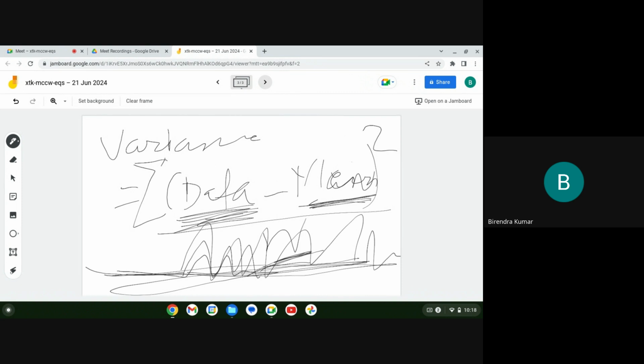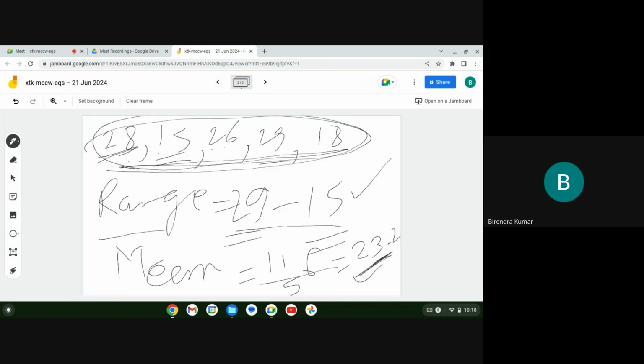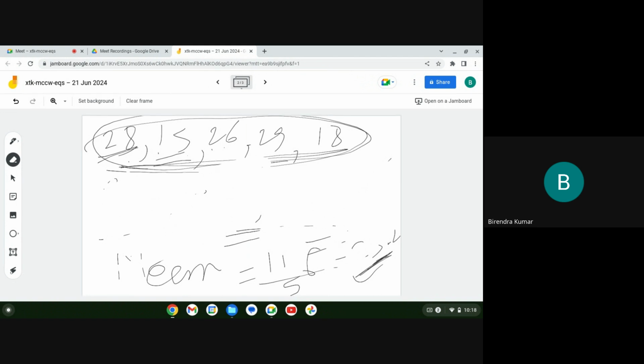Okay, so let's go back to this one. So here, let me do some cleanup. My range I don't need right now. What I need is the mean, and my mean was 23.2. If you guys remember, I'm just noting it down.